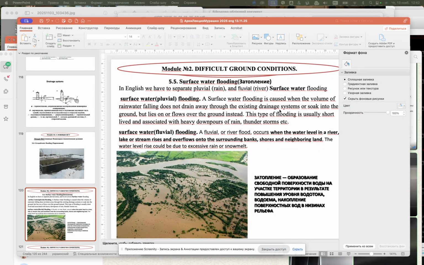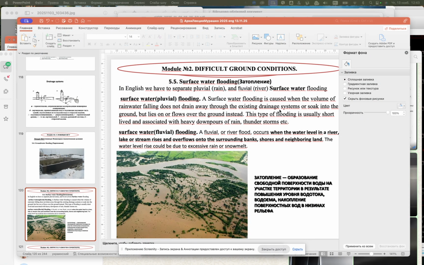But there are situations when you design a building near a river, or somewhere where you can get big rainfalls, for example, on Balkovskaya Street or somewhere on Peresyp.